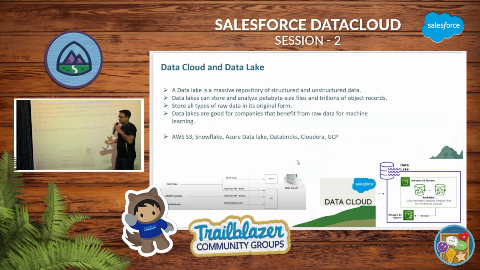There are multiple companies creating their own data lakes also. Accenture has one, TCS has one, and Infosys also provides a data lake solution, but those are very minimal. Mostly the solutions we adopt as a data lake are AWS S3 and Snowflake most of the time.